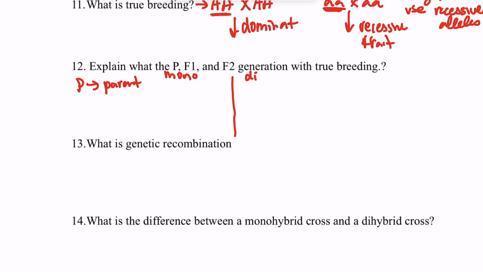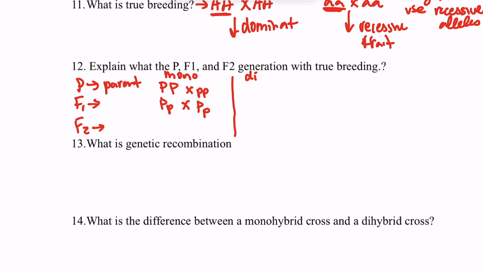For the parent generation for a monohybrid, he bred big P with little p. And then F1, F just means filial, which is just the kids basically. If we cross big P with little p, they'll always get a heterozygous. And then that'll be self-fertilized by itself. So then we get our F2, which is our ratio.